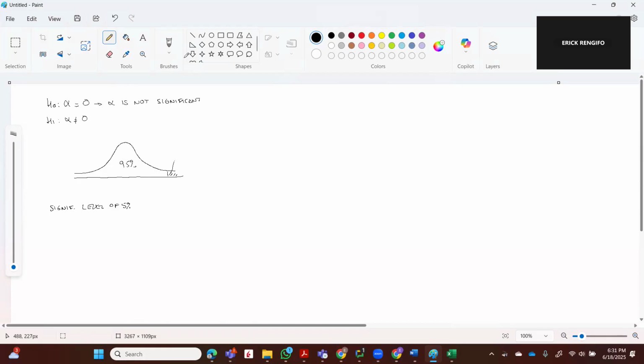This part here is 2.5%, and this part here is 2.5%. So remember, this is the region where you fail to reject, do not reject H0. And here you reject, and here you reject.